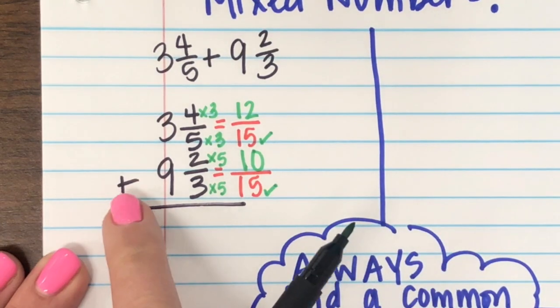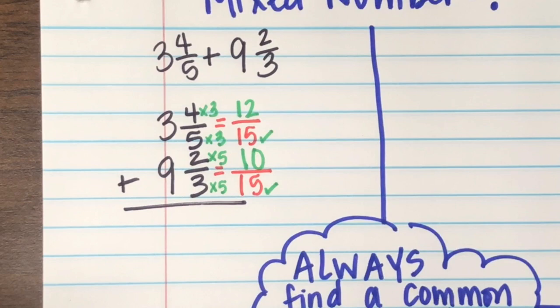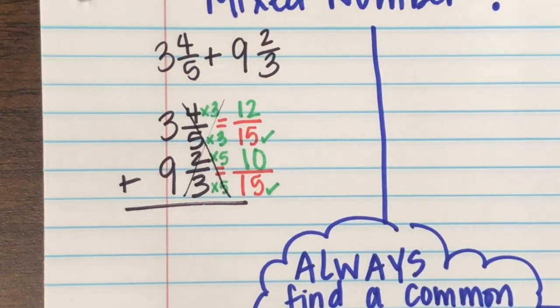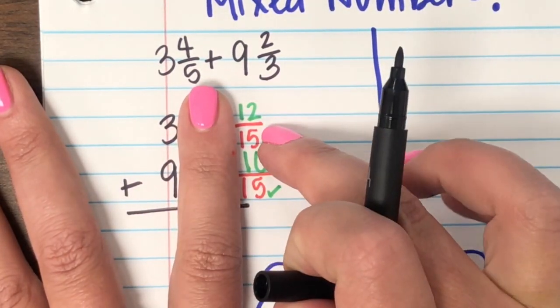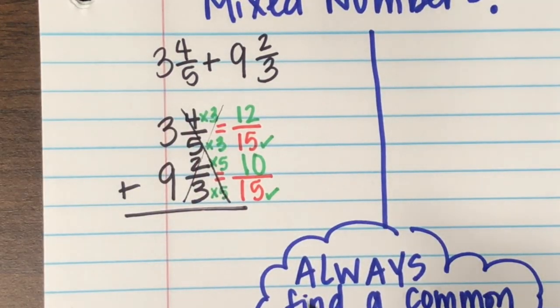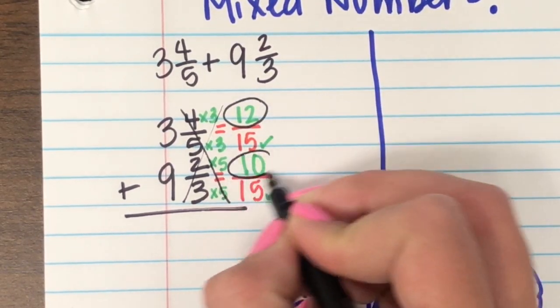So now I can either add or subtract. So there becomes a point where this step is no longer needed. And you don't have to mark it out, but just know that now this is 3 12/15 and 9 10/15, okay? So what I would do next, because I have a common denominator, is add those two things.